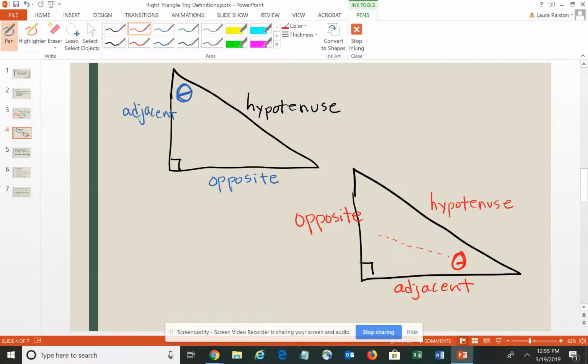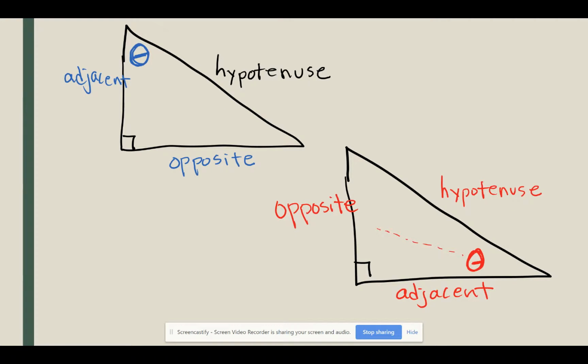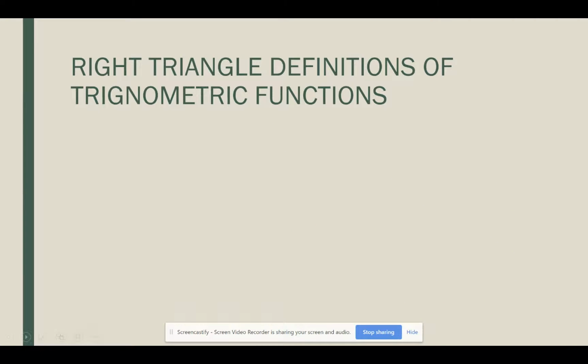Now, there are 6 different trigonometric functions defined for the right triangle, and we're going to take a look at those 6. The first one is called the sine, and we abbreviate sine, S-I-N, and then you have your angle.